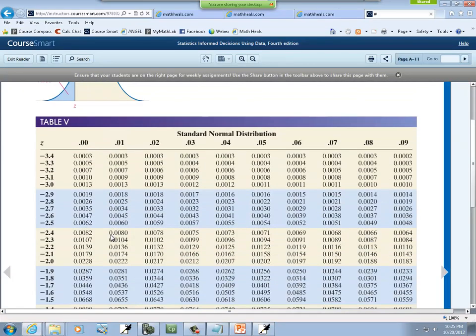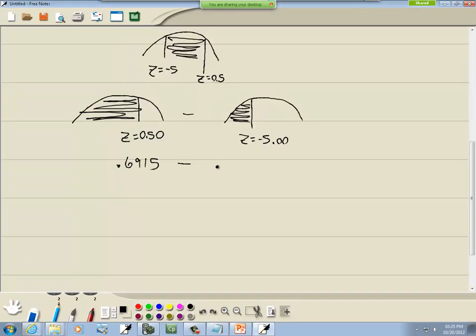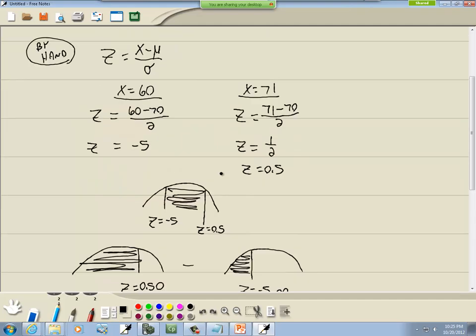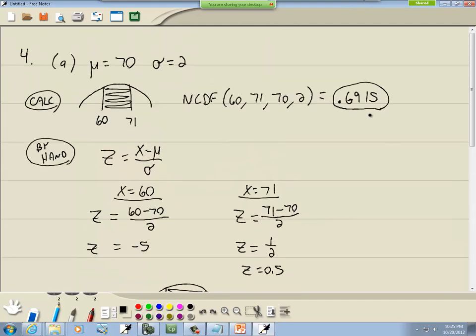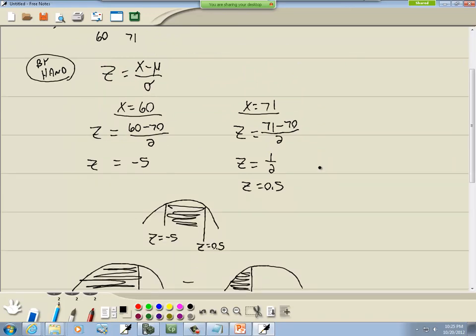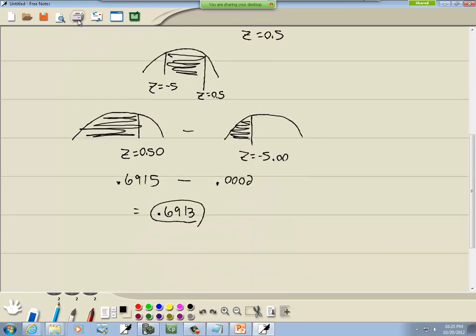Guessing it doesn't go to negative 5, it doesn't. So I go to my smallest value, which is negative 3.49, which is right here. So I'll subtract off 0.0002, which gives us 0.6913. Not too far off. Let me save that.